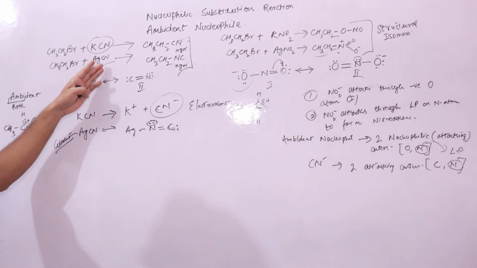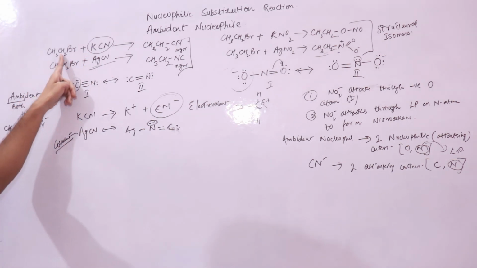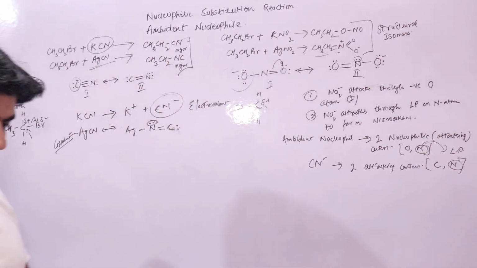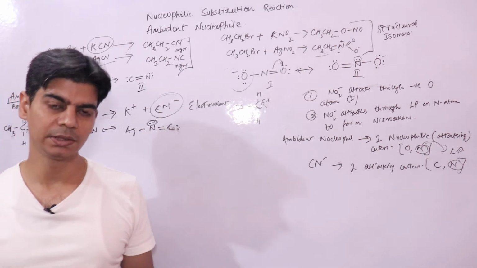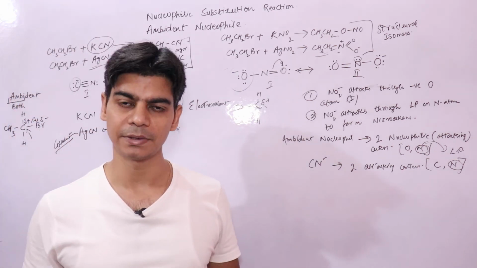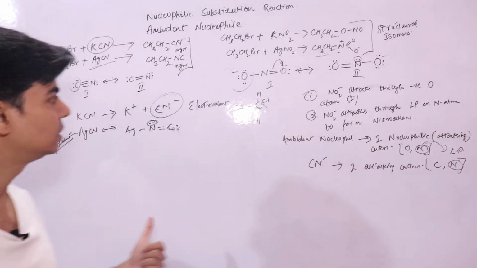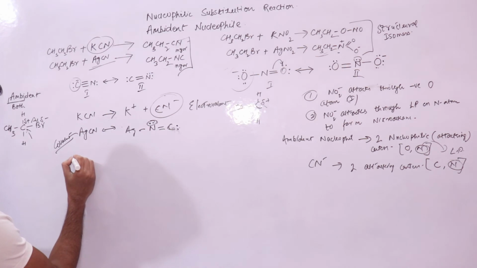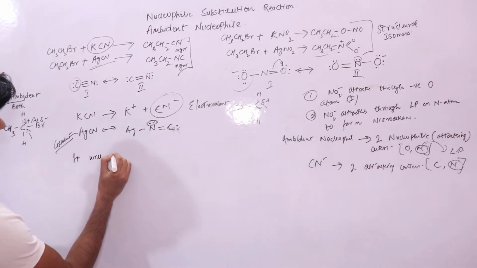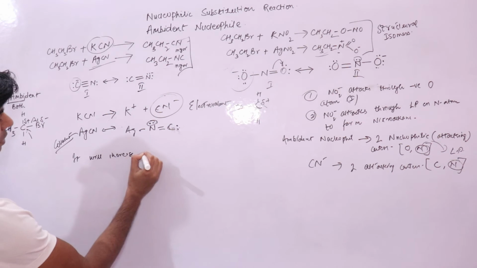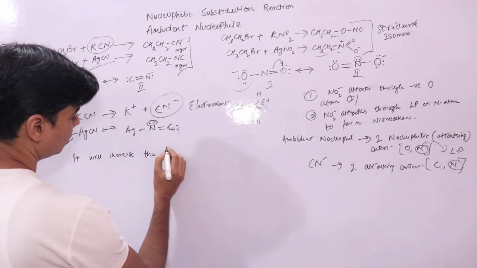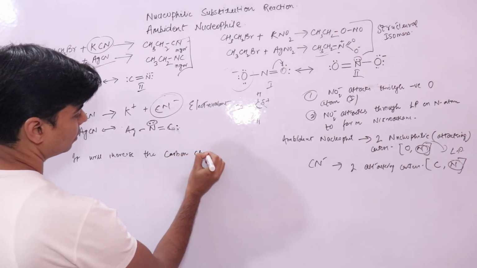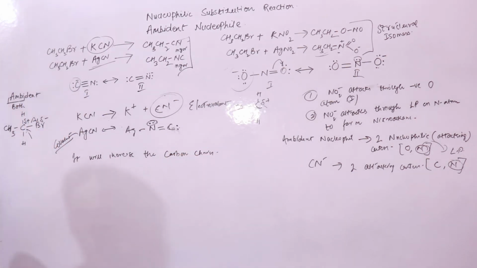And one thing you can also notice here is that here you have two carbon atoms, here you have three carbon atoms, right. So it can elongate the chain, it can increase the number of carbon atoms, increase the carbon chain, lengthen it, elongate it, or whatever you can say.